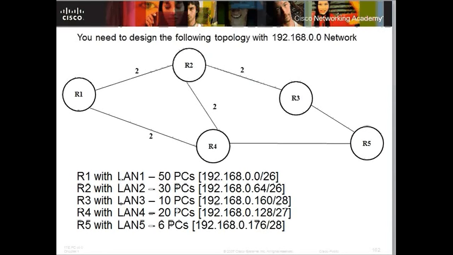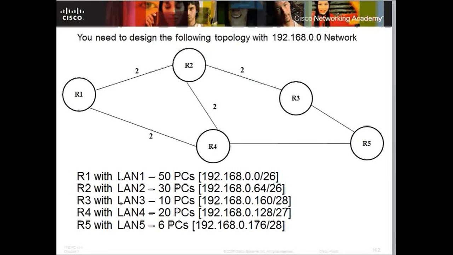R1 should be connected with LAN 1, which requires 50 PCs, R2 in LAN 2, which requires 30 PCs, R3 in LAN 3, which requires 10 PCs, R4 in LAN 4, which requires 20 PCs, and R5 in LAN 5, which requires 6 PCs. Now let's understand how we create this subnetting, how we go for further subnetting of a subnetwork and all those things.